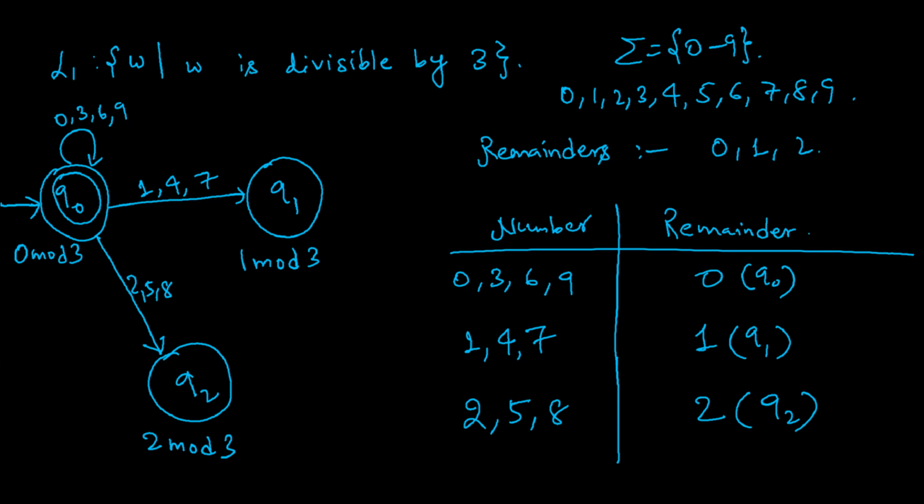And what is that? You see, in modular arithmetic, if you have a number a congruent to b mod n, then it is the same as b plus n mod n.